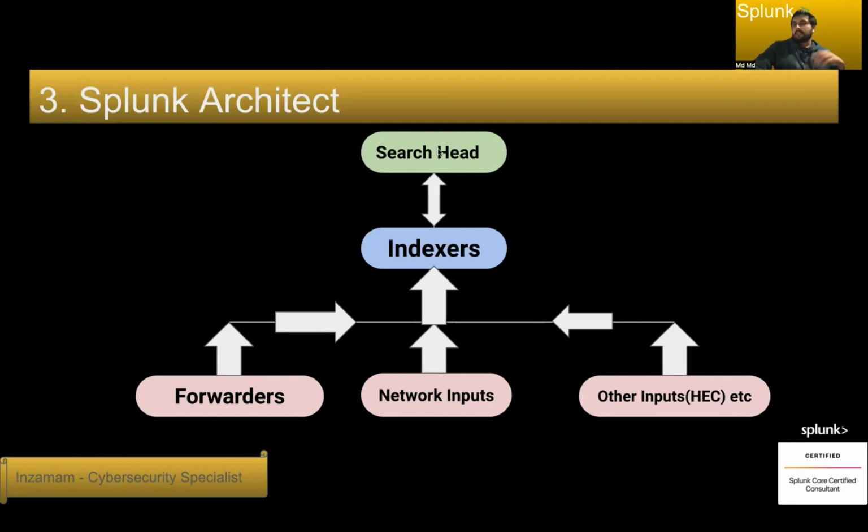A search head is an instance, I would say a server, that queries indexers, and indexers save the data from these sources. So we have a basic layout of this architecture, how Splunk works. So Splunk collects the data, stores the data, and lets another server query the data. So it's a 3-layer basic fundamental approach in Splunk.